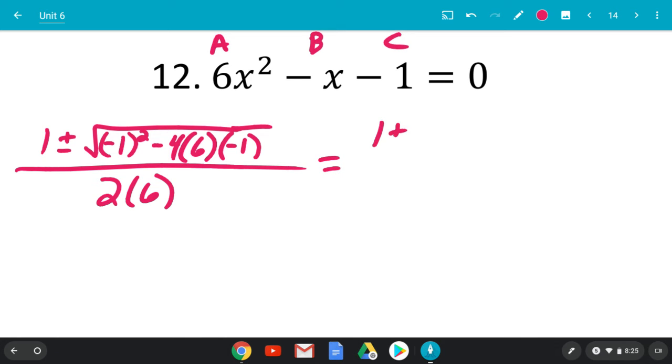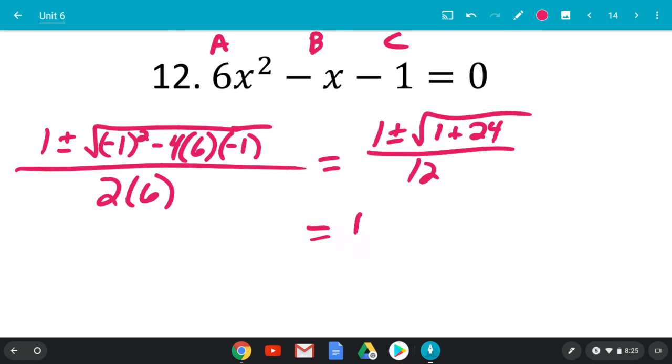So I got 1 plus or minus the square root of 1 plus, well, 4 times 6 is 24. Negative 24 times negative 1 is a positive 24, all over 12. So that's 1 plus or minus the square root of 25 over 12.